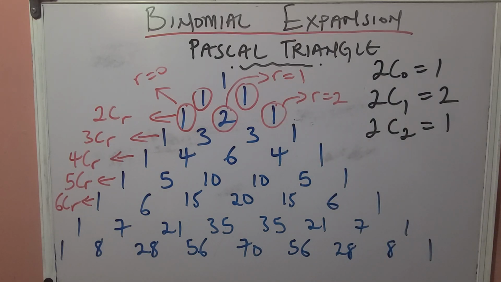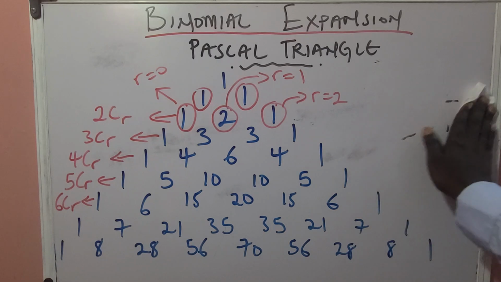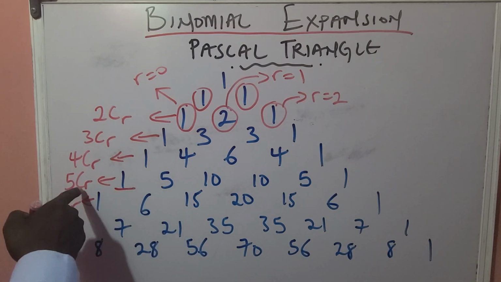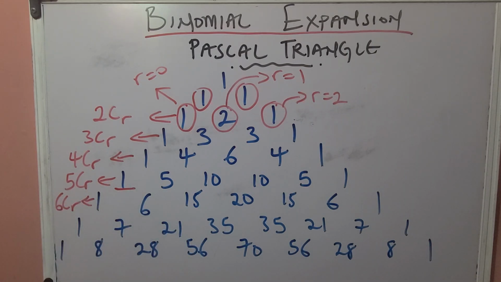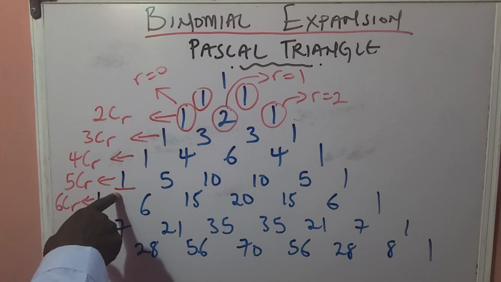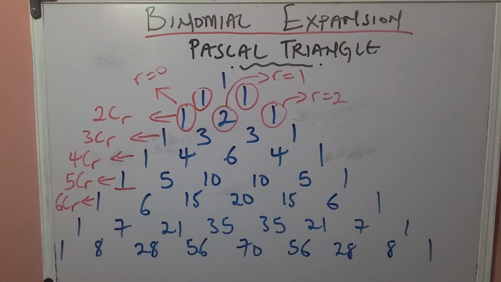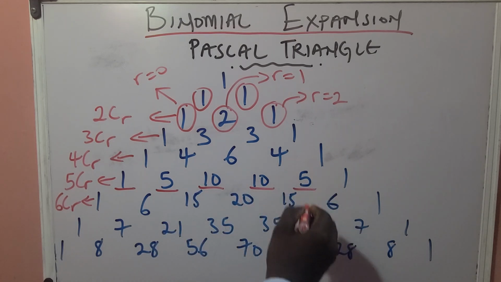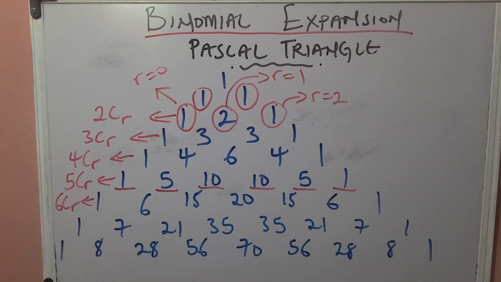Let's keep to a number like 5. So if we're trying to find 5 combination, of course, the very first one here will be for when R was 0. You start counting from 0. So when R was 0, this will be for when R is 1, when R is 2, when R is 3, when R is 4, and when R is 5.